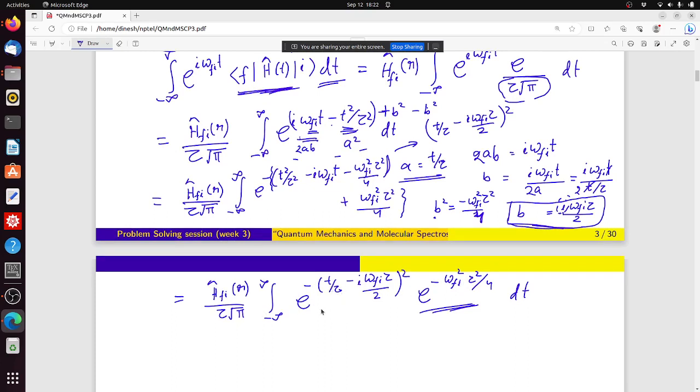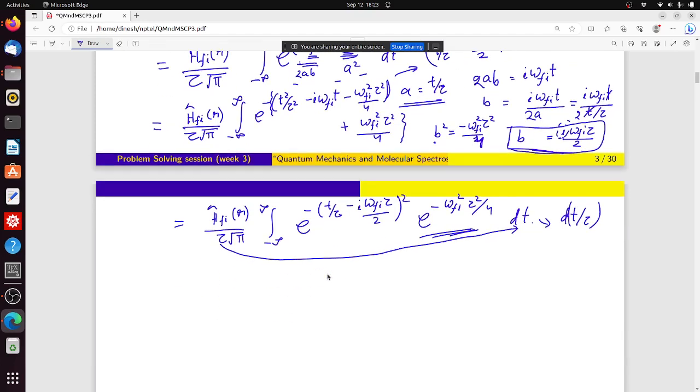Actually I have to do integration with respect to t. Then I can take this tau here, then this integration will be with respect to dt over tau, or you can do simple integration, then this tau will come in the numerator, then tau will cancel. This is a constant, so you can take dt over tau.